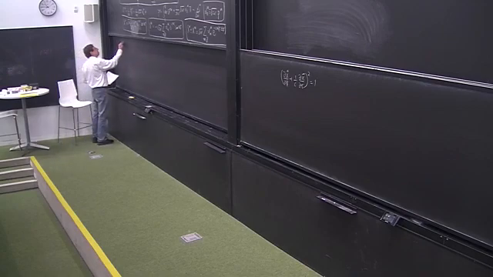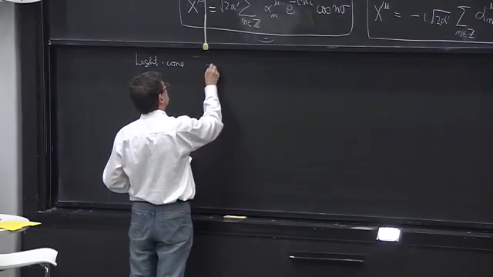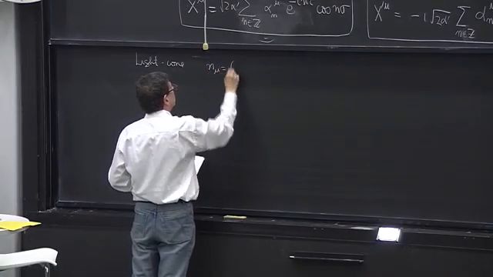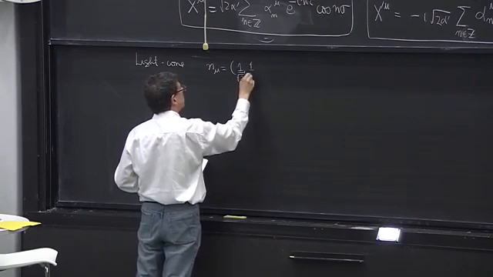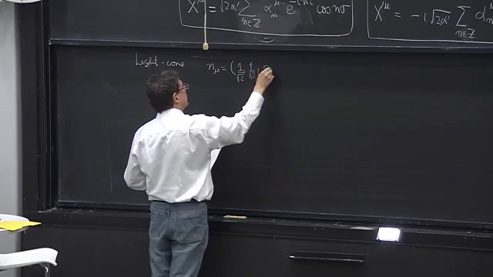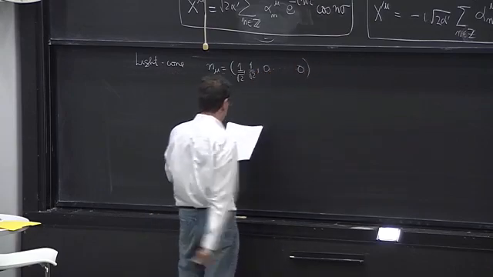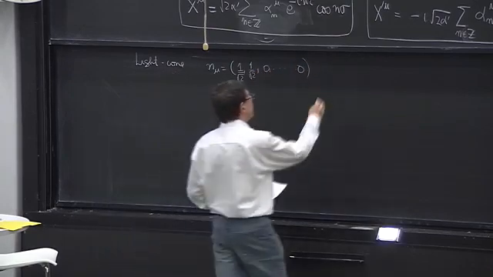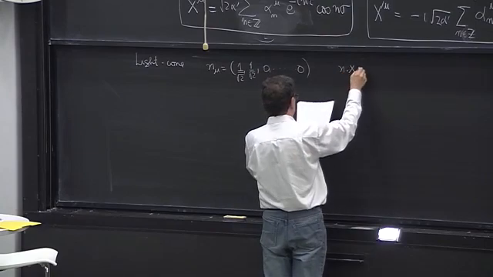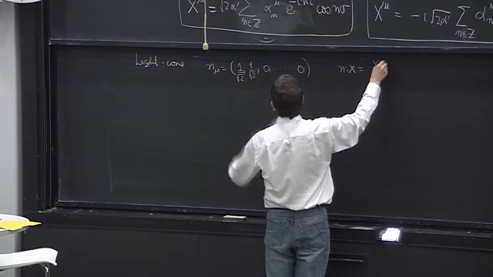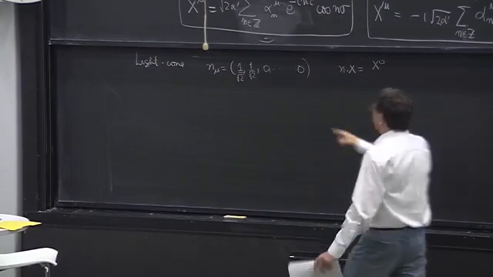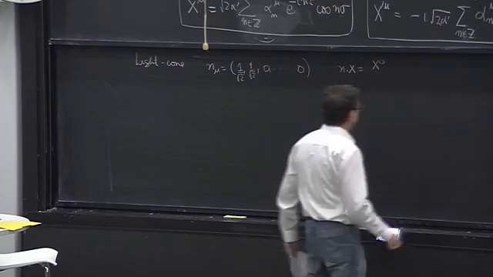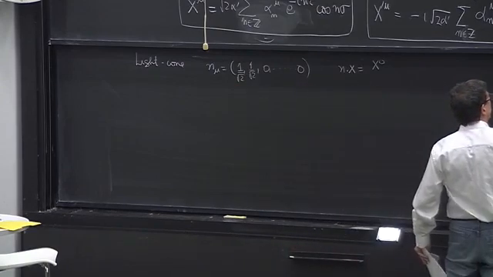So, light cone. This time for light cone, we're going to choose the vector n to be 1, 1, actually over square root of 2, 1 over square root of 2, 0, 0, 0, 0, 0, everywhere else. So n dot x is equal to x0. Look, the n mu is with the index down, so you don't get an extra minus sign. You have n mu x mu.